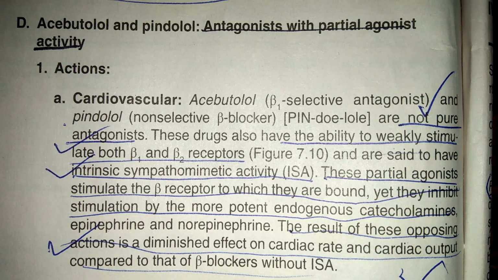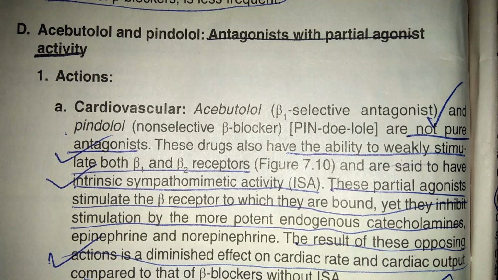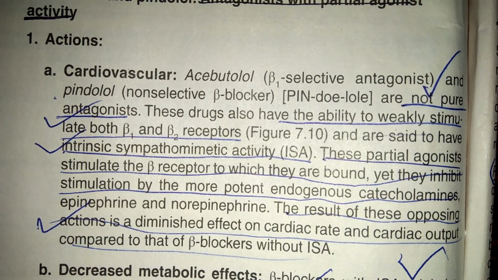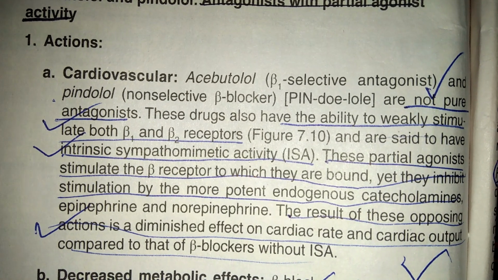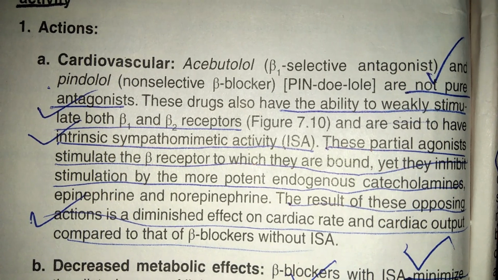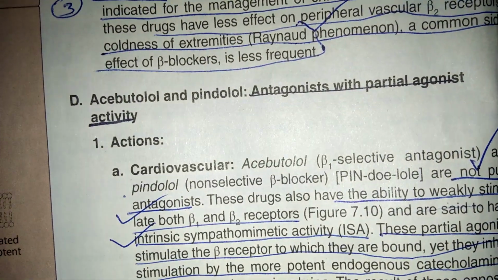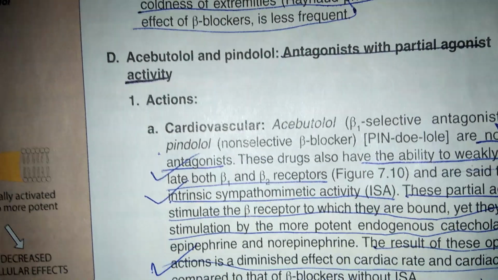Acebutolol and pindolol have partial agonist activity. Here you just need to remember the importance of their partial agonist activity. I am not going to describe it as it is mentioned over here. You can see these drugs are not pure antagonists.